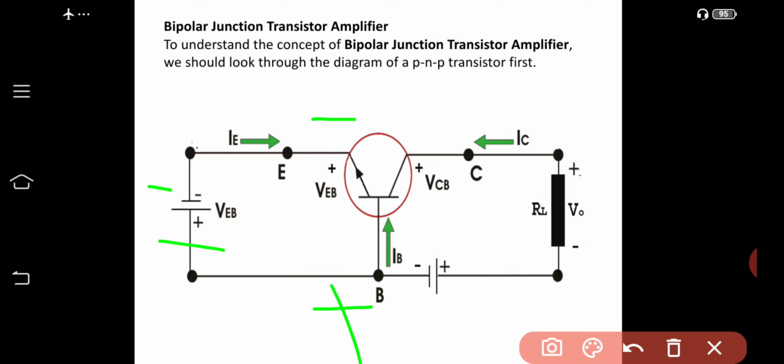So the input is forward biased. And at the output connection, the collector is N and the base is P, but the battery is connected the opposite way. It is called reverse connection, so it is called reverse bias. So the output is reverse biased and the input is forward biased.